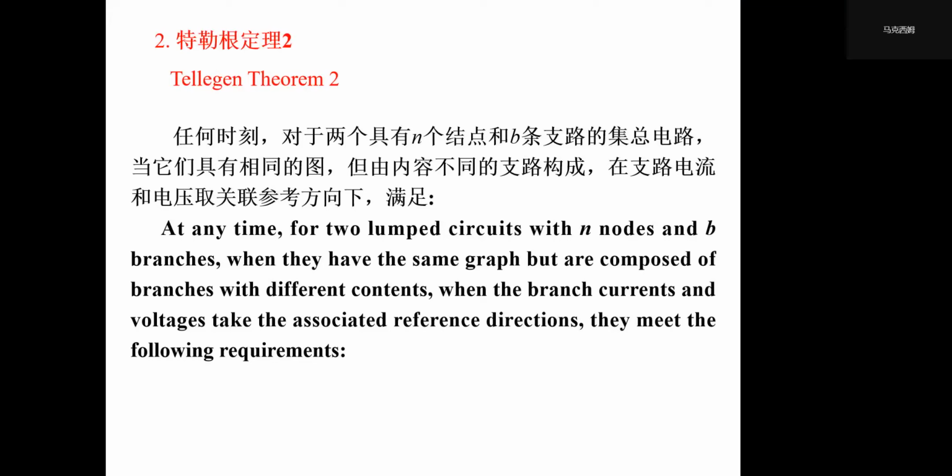This time we have two lumped circuits, and they both have n nodes and they both have b branches. Their graph is identical, but the content on each branch is different. In the meantime, the branch current and the branch voltage have the associated reference direction. So they will have this requirement.